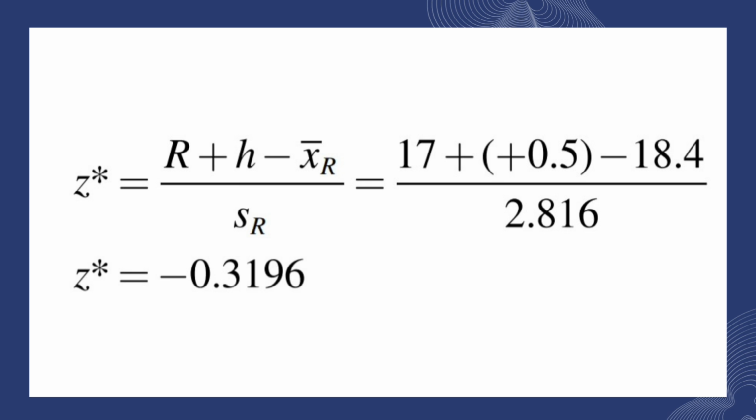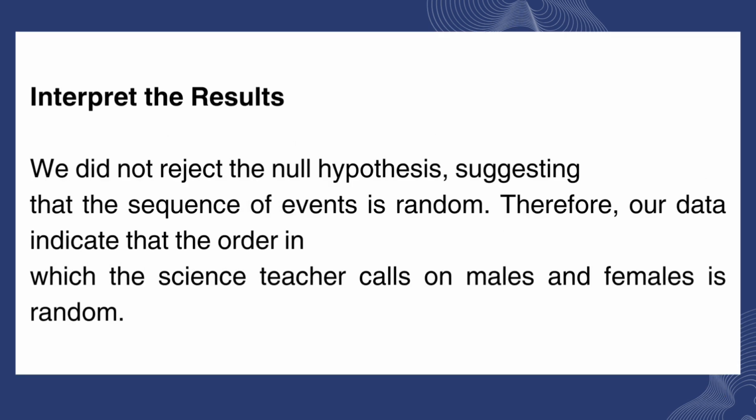This suggests that the order in which the science teacher calls on males and females is random. Interpret the results. We did not reject the null hypothesis, suggesting that the sequence of events is random.